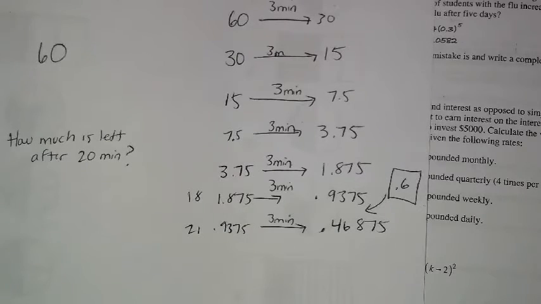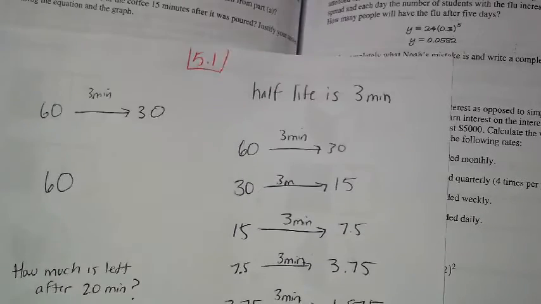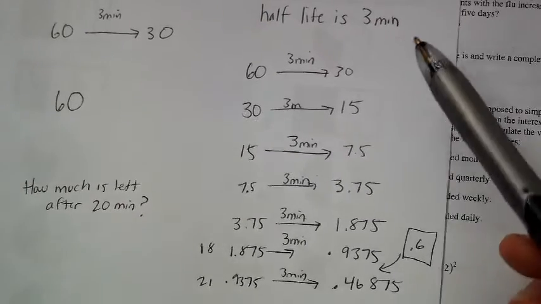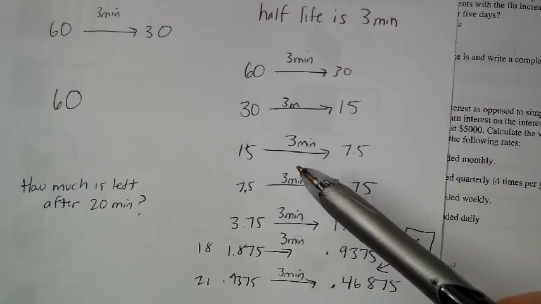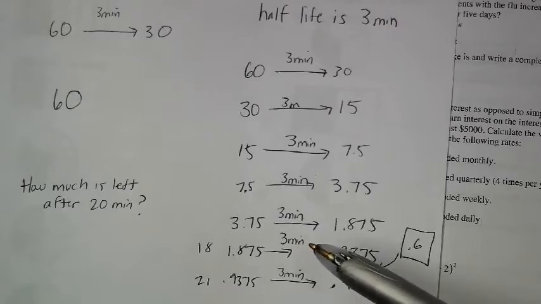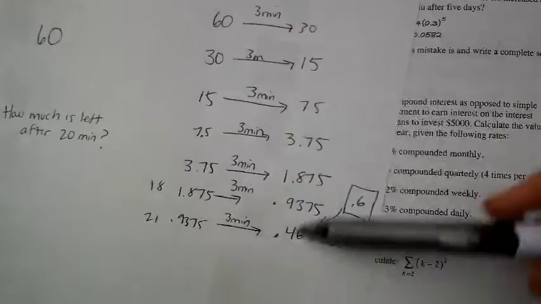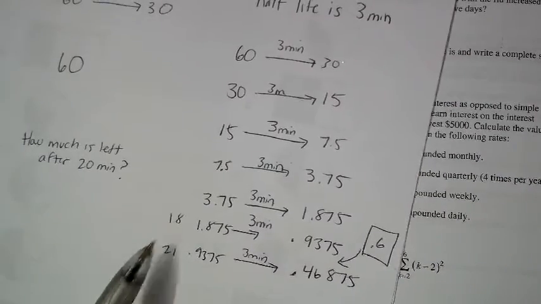And actually, couldn't I find out exactly how many half-lives I'm going through? Remember, I had 20 minutes and I was counting by threes: 3, 6, 9, 12, 15, 18, 21.